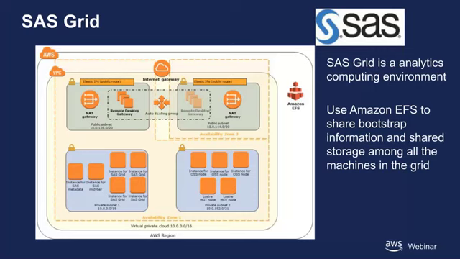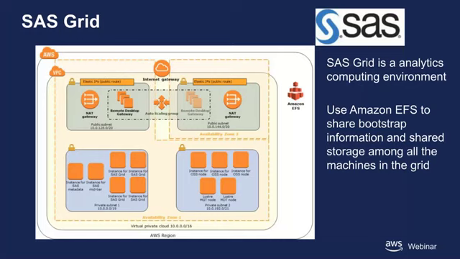So another example I want to talk about is SAS. A SAS grid computing environment is one in which SAS computing tasks are distributed among multiple computers on a network, all under the control of SAS Grid Manager. In this environment, workloads are distributed across a grid of computers.